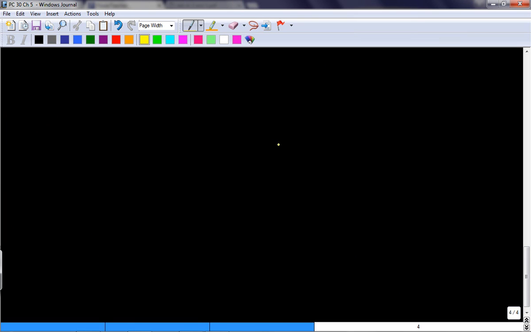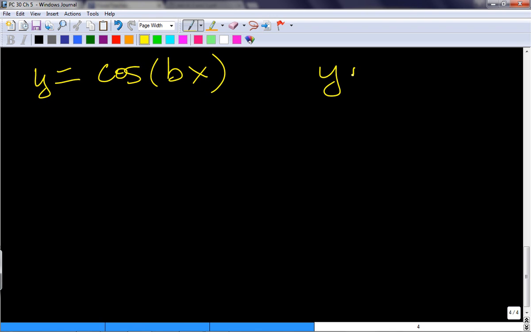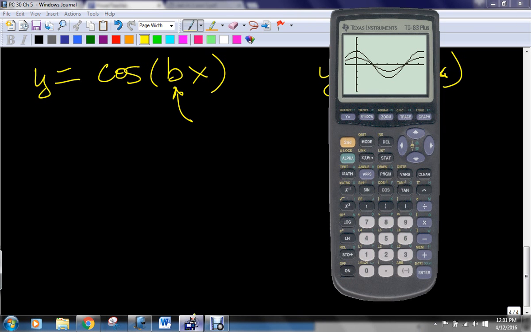The other thing they want to talk to you about is the B value. So y equals cos of B x, and y equals sine of B x. So this B value, if you recall from our transformations chapters, is going to do something, another parameter. So let's see what that does.